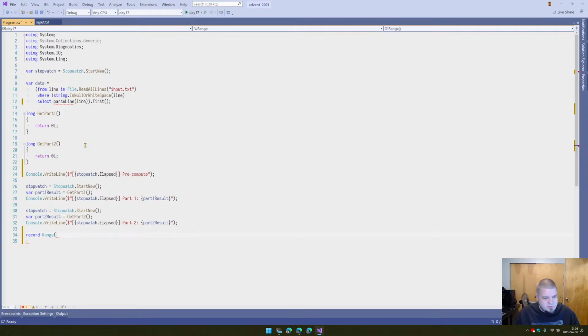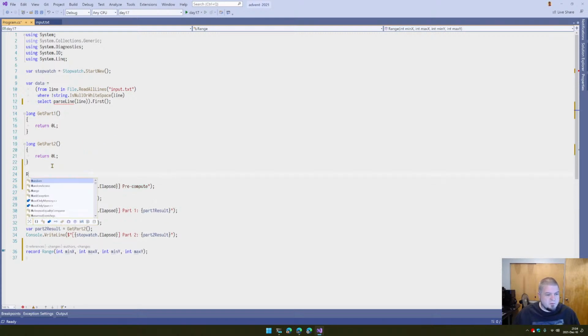Record range, int min x, int max x, and int min y, int max y. All right, and so we're going to return a range from parse line.